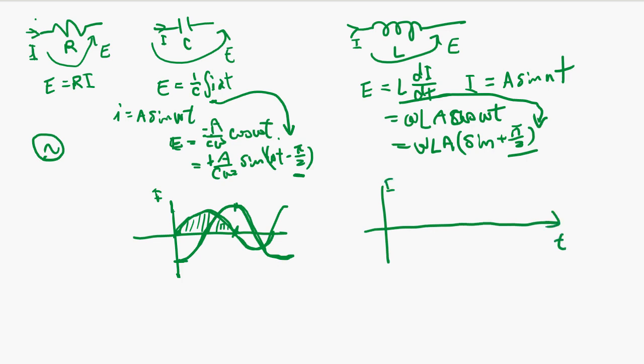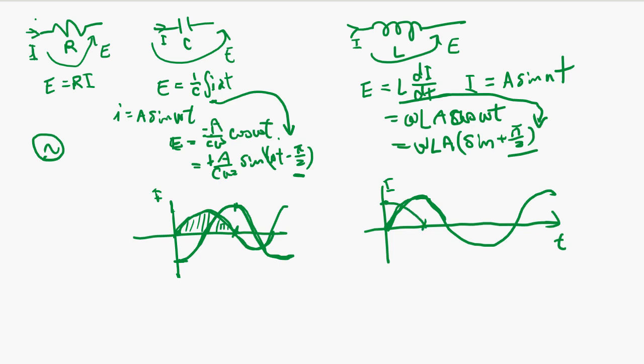Here, if current is flowing this way, sine wave, then from here, current flowing, the voltage across the inductance is highest for this rate of current flowing, and when the current stops increasing, the voltage becomes zero here.